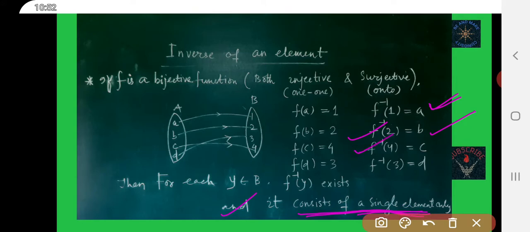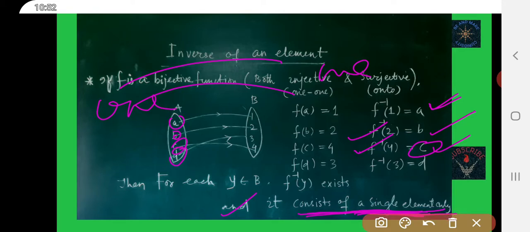Here you see F inverse of 4 is C, a single element you are getting, as this function is one-one function. So you are getting a single element only. Okay.